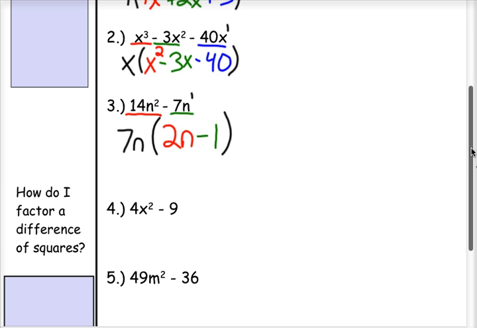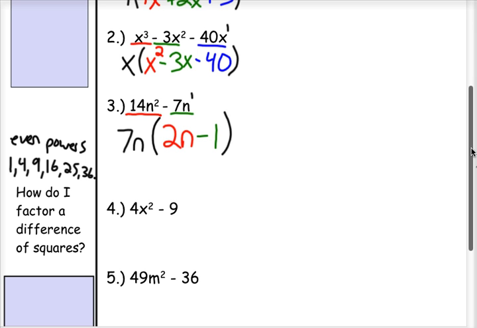Now remember, by perfect squares, what we're looking for, even powers on variables, so even exponents, or in terms of numbers, we're looking for things like 1, 4, 9, 16, 25, 36, so on and so forth. All of those perfect squares. Those are the things that we are trying to identify.